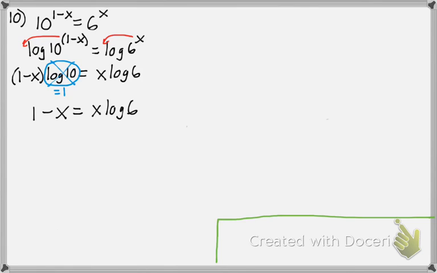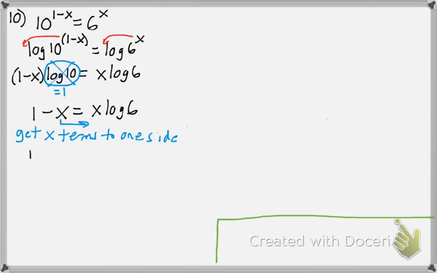Now, I do have multiple x terms on this one, so I do need to get the x terms to one side. So I'm going to choose to move this one over there.